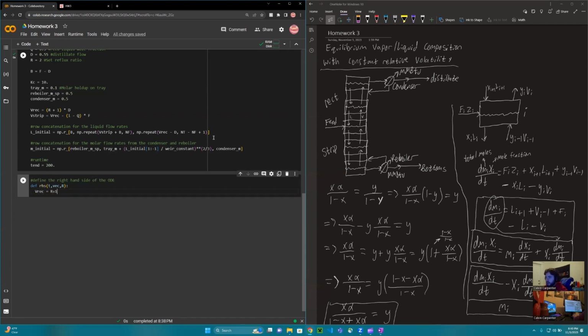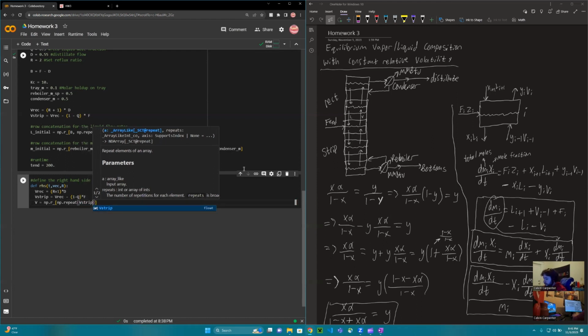So Vrec is equal to R plus 1 in parentheses times D. V strip is equal to Vrec minus 1 minus Q times our feed, then V is equal to NP dot R underscore open bracket NP dot repeat V strip comma NF.